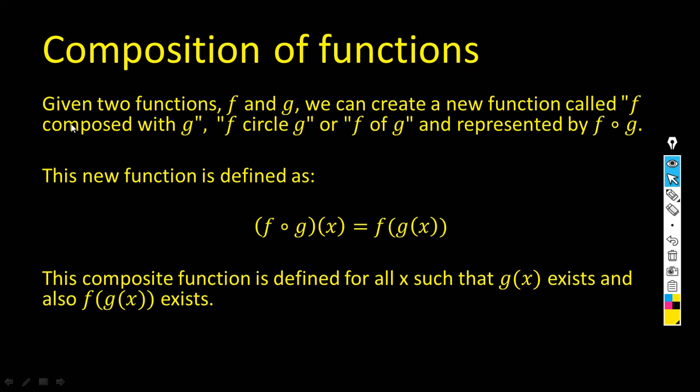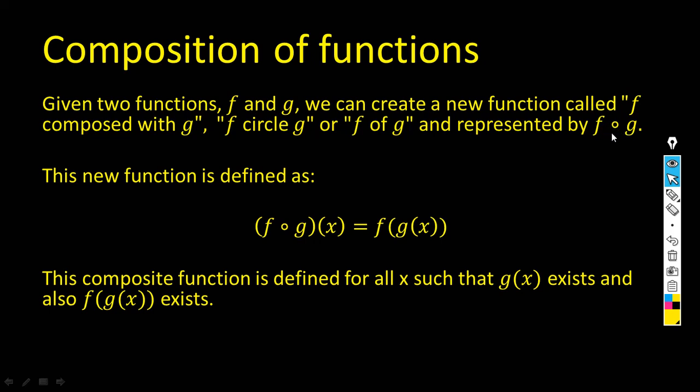So let's read. Given two functions, f and g, we can create a new function called f composed with g, or f circle g, or f of g. There are actually many more, but I'm gonna stick to these three. It's represented by f, a little circle, and then g.